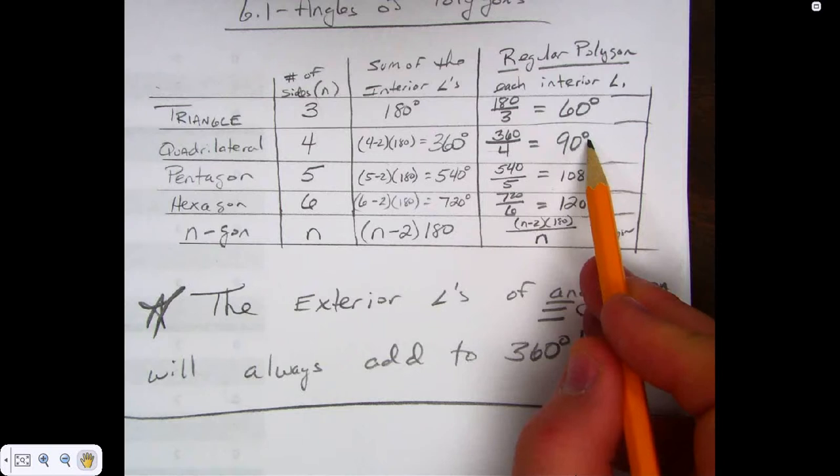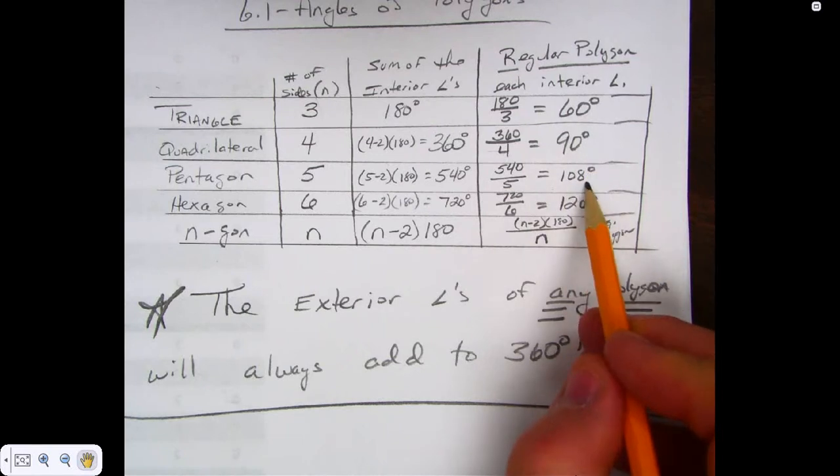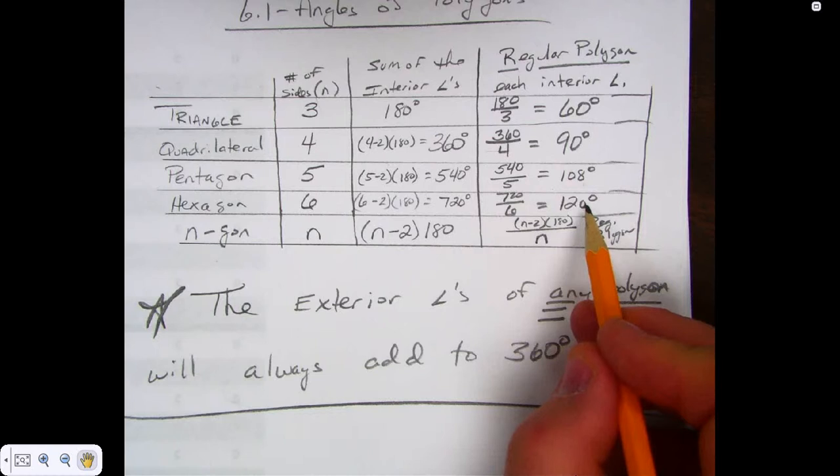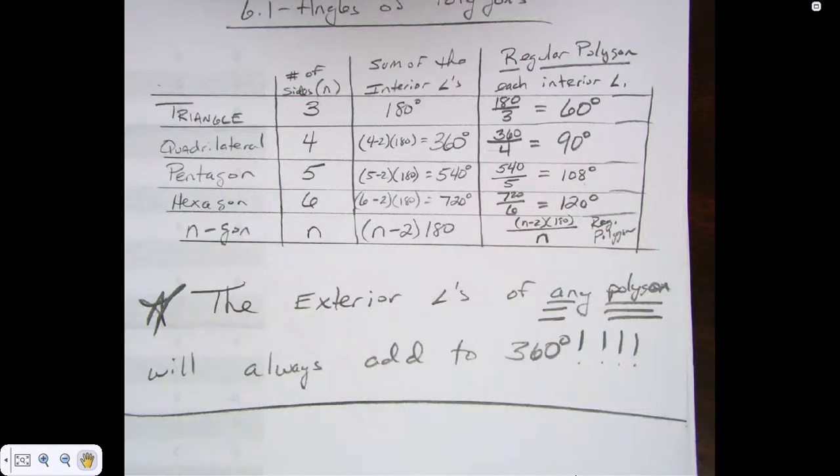What's 90 times 4? What's the exterior angle of this one? 72. What's 72 times 5? 360. Guess what the exterior angle of this one is? 60. What's left out of 180, right? What's 60 times 6? 360. Works out every single time, doesn't it?